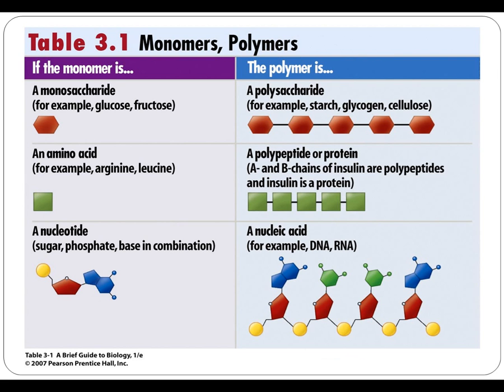Between the first three, our carbohydrates, our proteins, and our nucleic acids, I have a note on there about commonalities. In order to build those three things, we have to have a monomer to build the respective polymer. They can be built using dehydration reactions or broken down utilizing hydrolysis reactions.